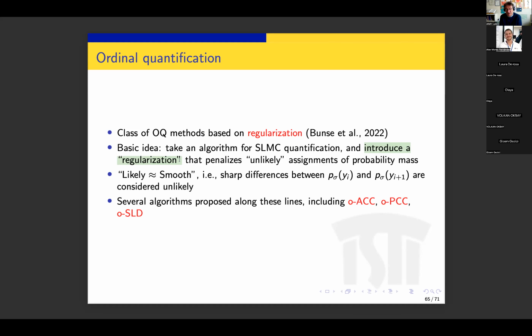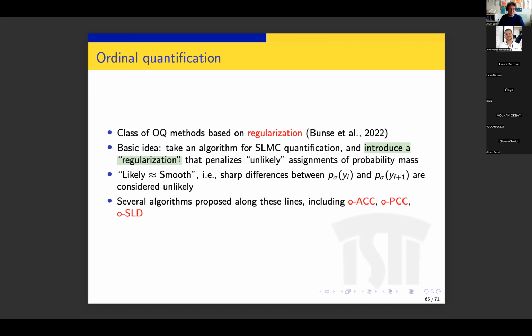We tend to consider likely the ones where moving from one class to the next gives rise to a fairly smooth difference between the class prevalences of the two. So in a sense, an ordinal quantification method predicts a class distribution, but when choosing between possible class distributions, it tends to favor ones which are smoother.